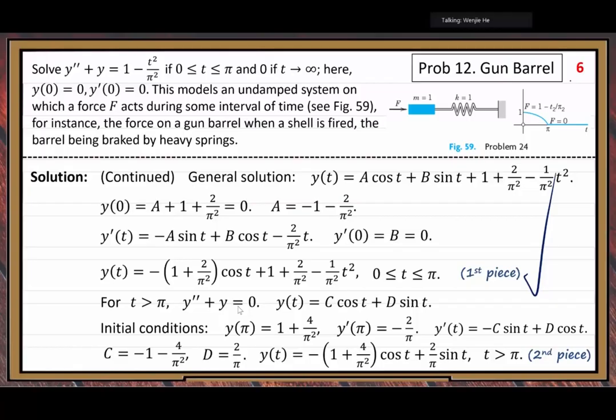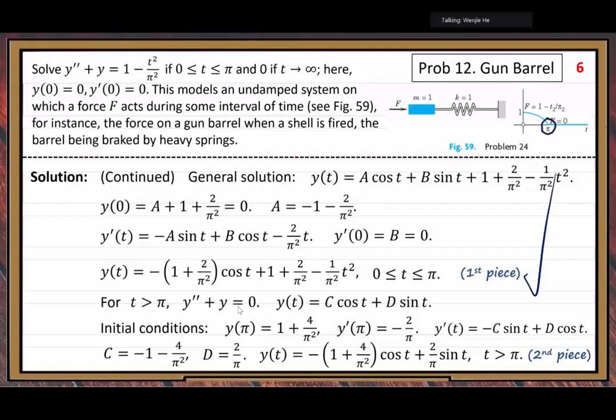But the question is its derivative is not continuous, right? The f function is continuous. Can you see the derivative of the f function is not continuous? Look at the point.